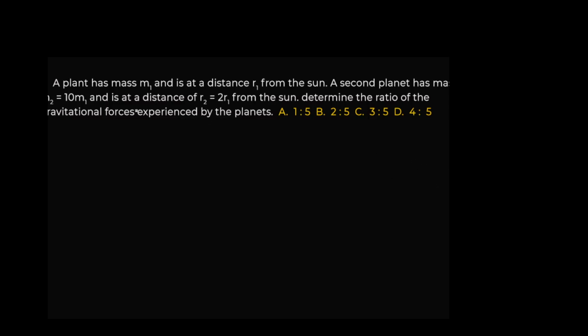So the question states that a planet has mass m1 and is at a distance r1 from the sun. A second planet has mass m2, which is equal to 10 of m1, and is at a distance r2, which is equal to 2 of r1 from the sun.